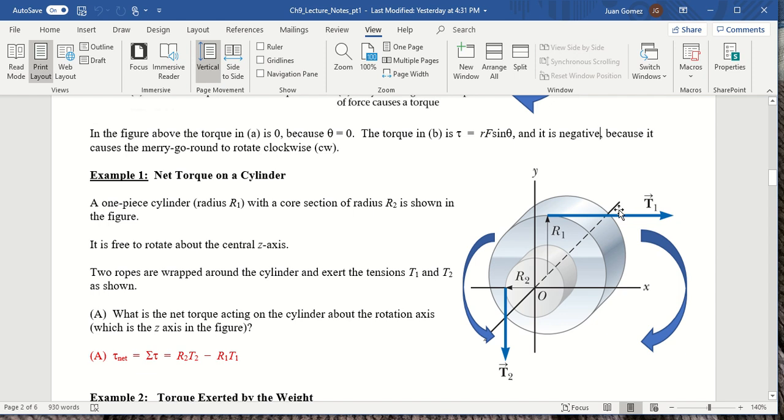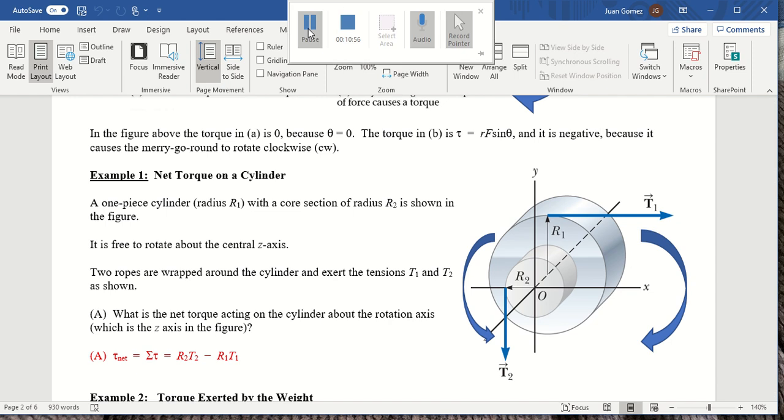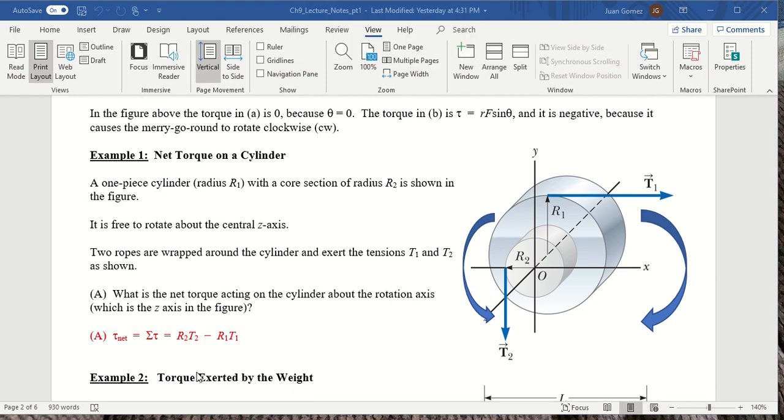So now tau 1, which is R1 T1, that's a negative torque because, as indicated by this arrow, it produces a clockwise rotation. Now, tau 2, which is R2 T2, is positive because it produces a counterclockwise rotation, as indicated, again, by the respective arrows.